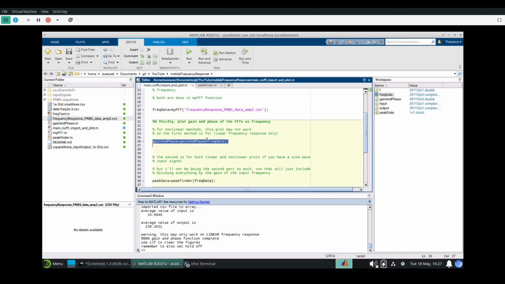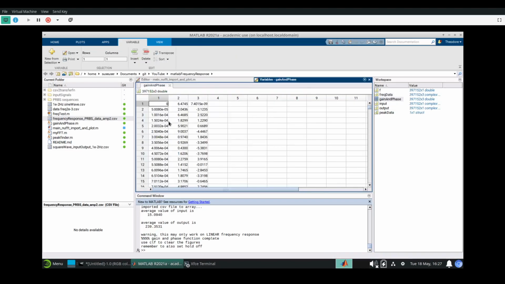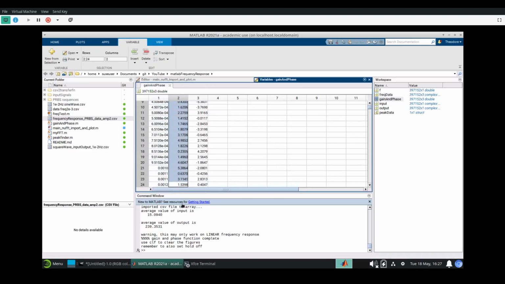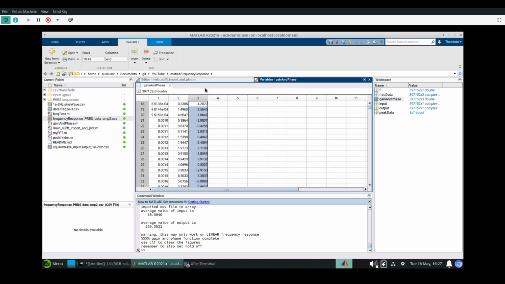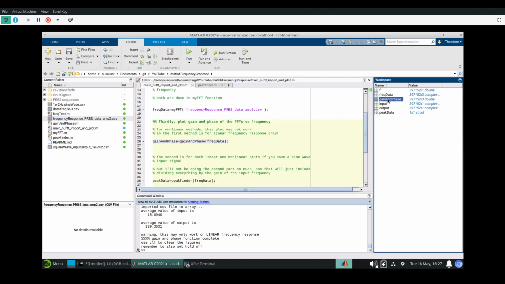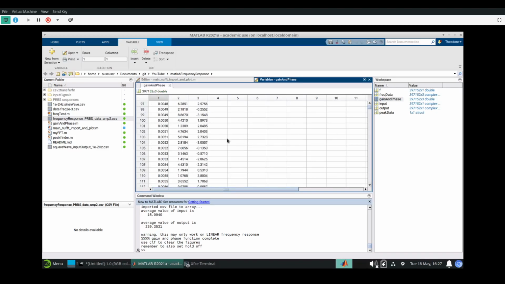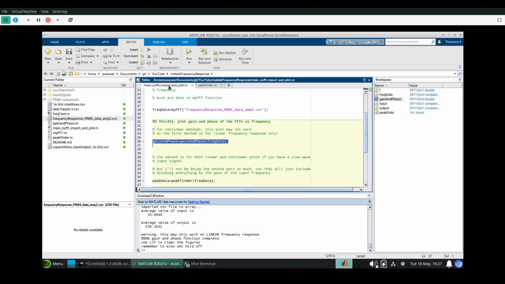Gain and phase is here. You can see the relative gains and the phases over here, the gains and the phase shift. All of these are plotted for you.